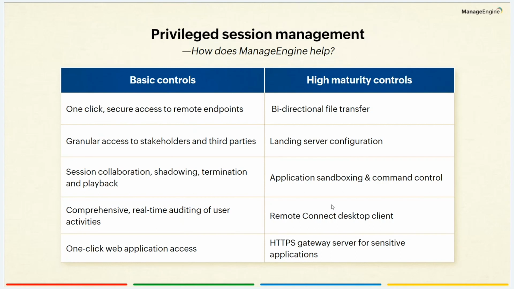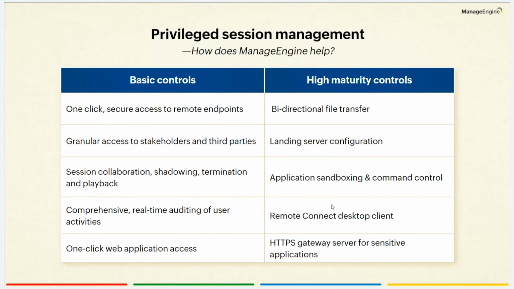Similarly, we also have HTTPS gateway server functionality. If you have any internal sites, any sensitive sites, or sites for your internal network device management, things like this which are not publicly available or not available to regular users on the network, can be provisioned access through PAM 360 using the HTTPS gateway server feature.